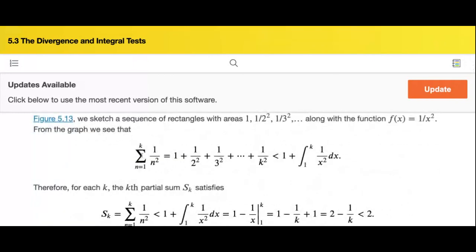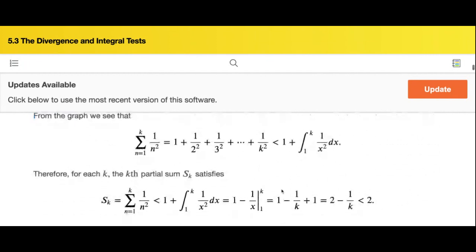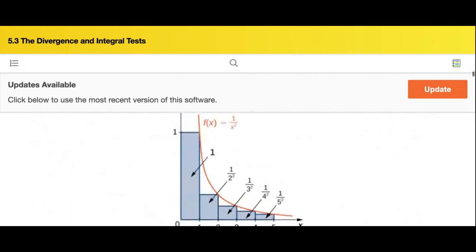we see s_k is 1 plus 1 over 2 squared plus 1 over 3 squared, and so on and so forth, plus 1 over k squared, which is less than 1 plus the integral of 1 over x squared from 1 to k. Okay, let's see this picture again.